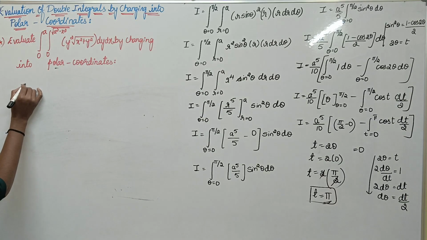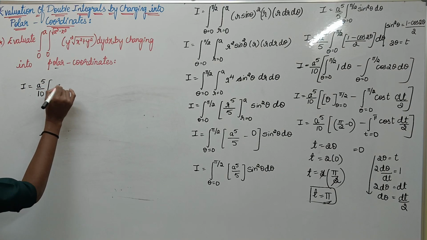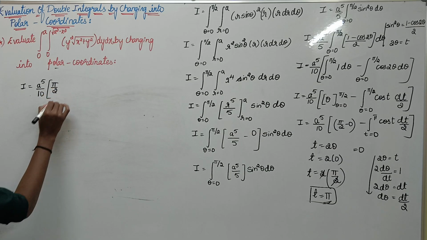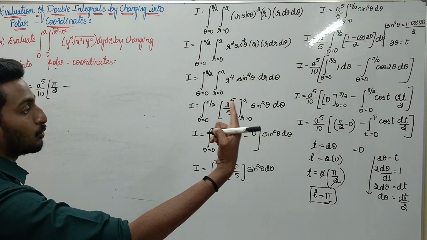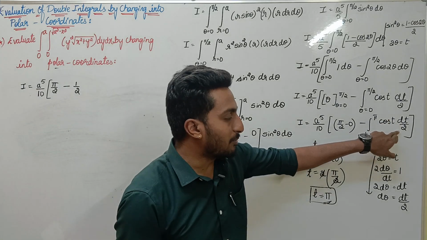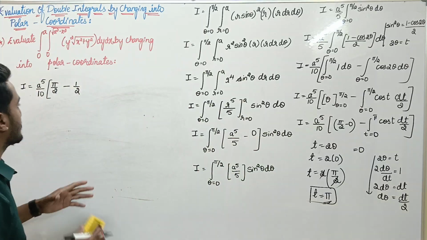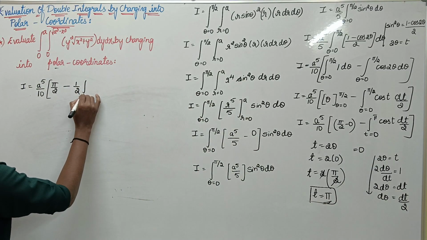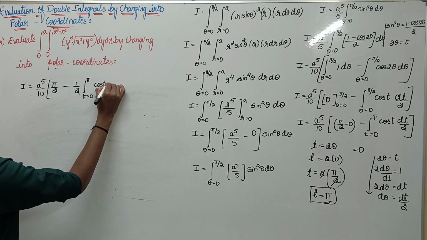Now I is equal to a power of 5 by 10 into pi by 2 minus 0, and the 1 by 2 from d theta equals dt by 2 remains constant, so I am going to take that 1 by 2 as a constant: the integral t varies from 0 to pi of cos t dt.